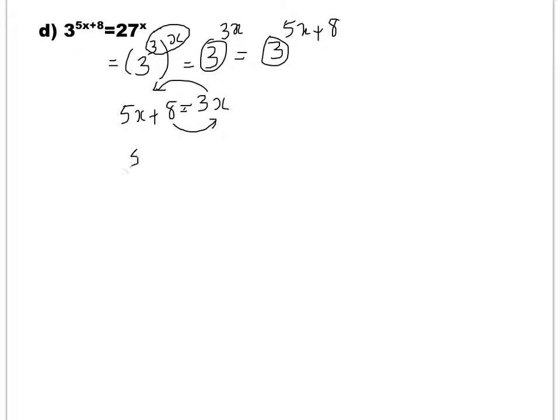So I get 5x minus 3x is equal to minus 8. 5x minus 3x is 2x is equal to minus 8. I divide by 2 and I get x is equal to negative 4.